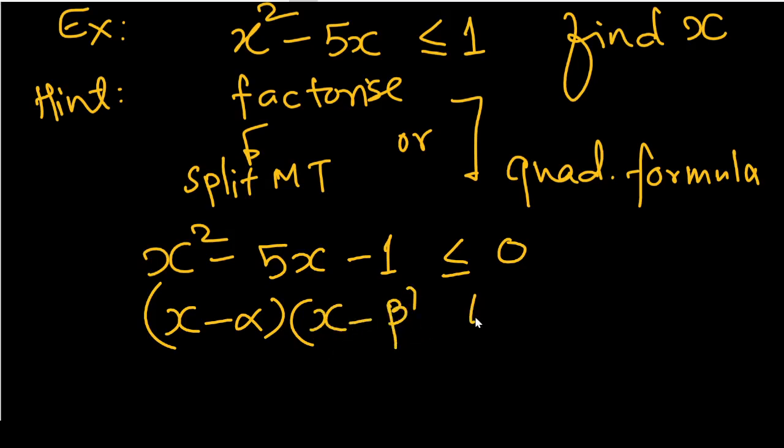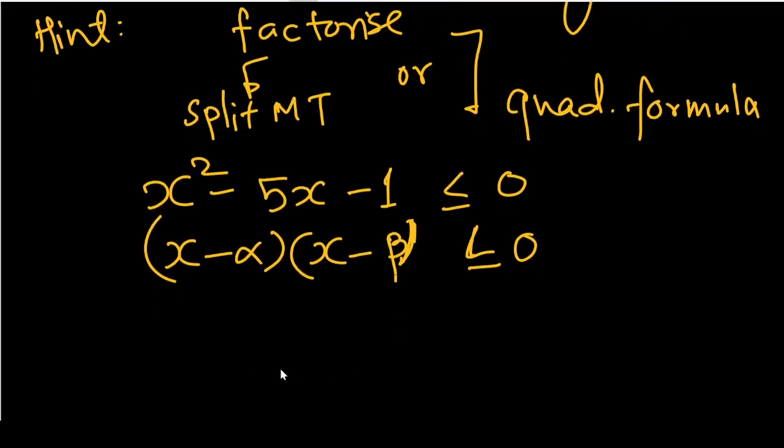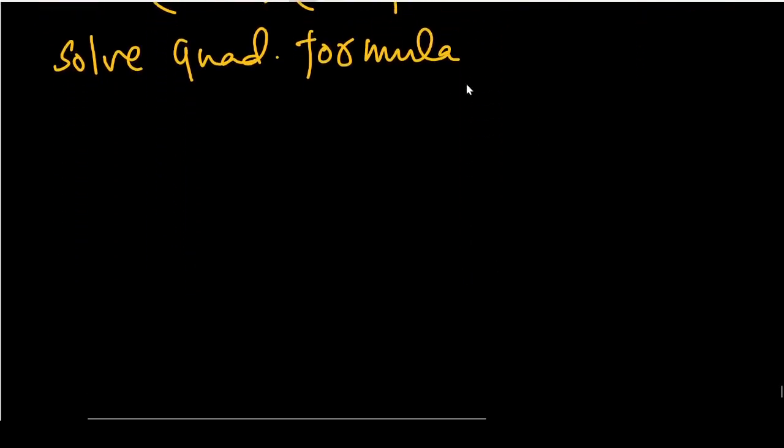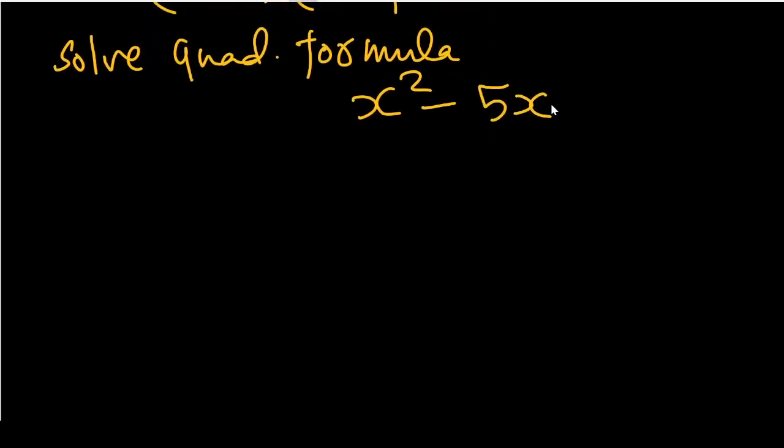So roots we can find by, as I said, using either quadratic formula or splitting the middle term. Now this we cannot split the middle term, so we will solve using quadratic formula the equation x square minus 5x minus 1 equals to 0.